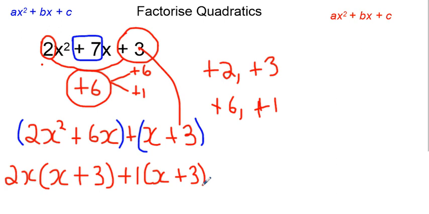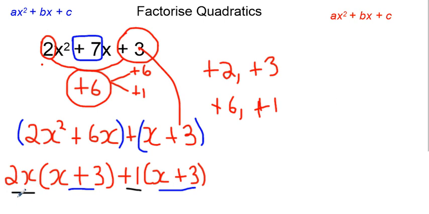At this stage, you must have the same thing in this bracket and this bracket. So that shows you that you're on the right track. Now let's tidy up. So we're going to choose the term outside and this sign. That'll be our first bracket.